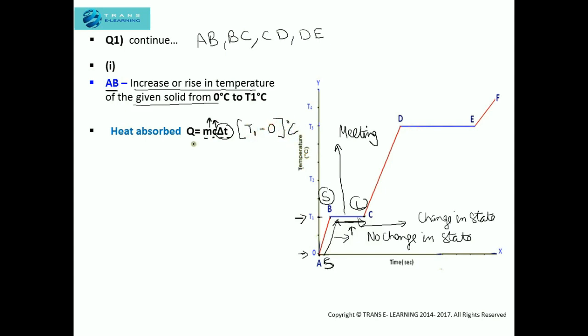We have taken the heat absorbed as mcΔT because whenever there is no change in the state, the heat absorbed is given by this formula.